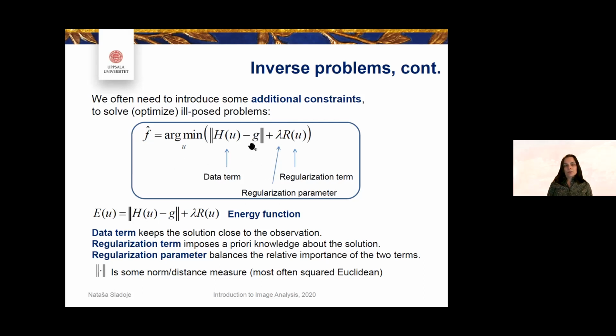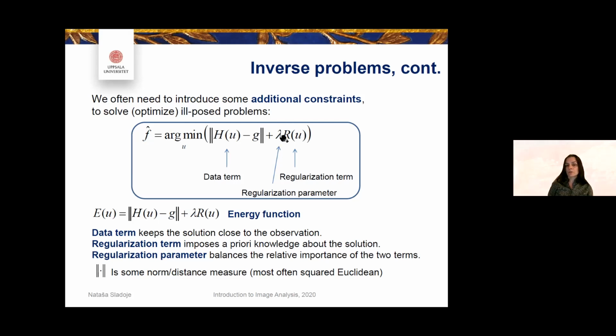Sometimes we want to give more importance to these additional constraints that we want our solution to fulfill, and then we will have a suitably high regularization parameter that will simply give more importance to that term. Alternatively, we might rely on our data and give less importance to these additional constraints.